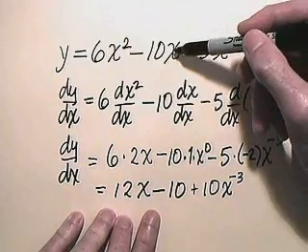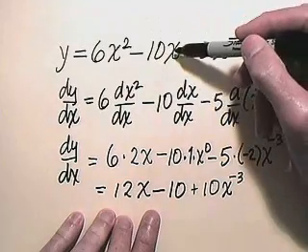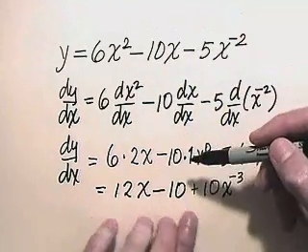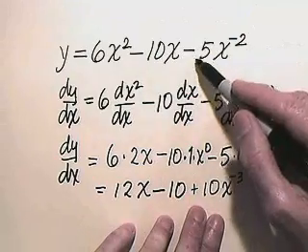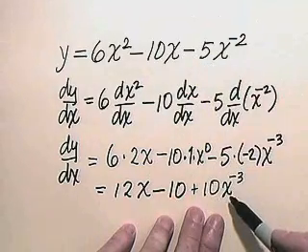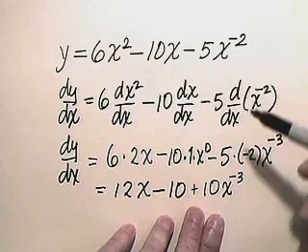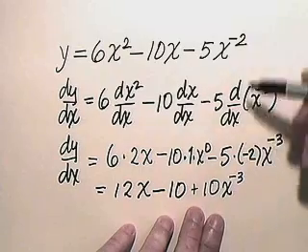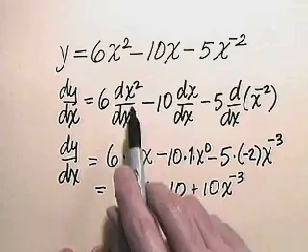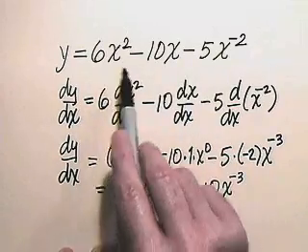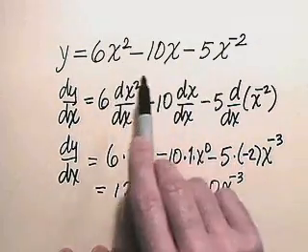The derivative of x is 1, so negative 10x has derivative negative 10. And then negative 2 times negative 5 is plus 10 times x raised to the power negative 2 minus 1 is negative 3.